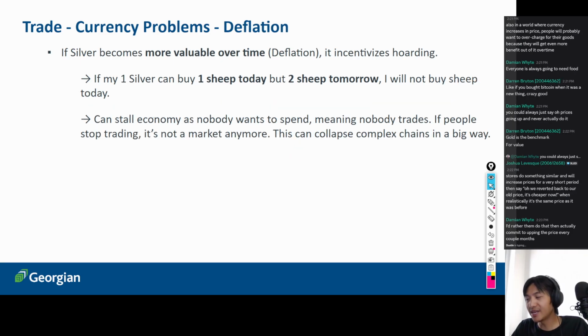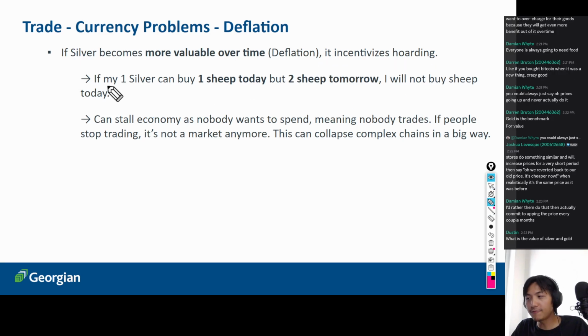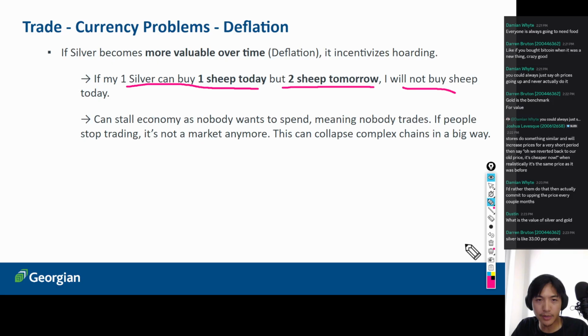That's fun. In a deflation situation, you have another problem. It incentivizes hoarding. So if my 1 silver can buy 1 sheep today, but my 1 silver can also buy 2 sheep tomorrow, then I will not buy sheep today. I will not buy sheep this year. I will wait until I can buy 2,000 sheep with my 1 silver. Great.